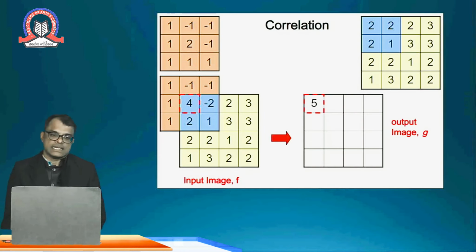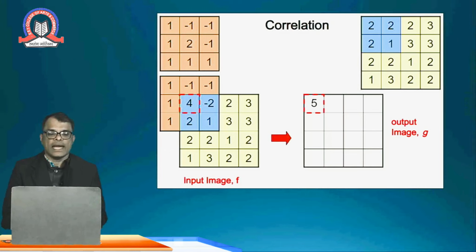We will see this example. Again the same thing. On my left hand side, you can see the correlation matrix, that is 1, minus 1, minus 1, 1, 2, minus 1, 1, 1, 1, and on my right hand side on the screen you can see the image matrix, that is 2, 2, 2, 3, 2, 1, 3, 3, 2, 2, 1, 2, 1, 3, 2, 2.